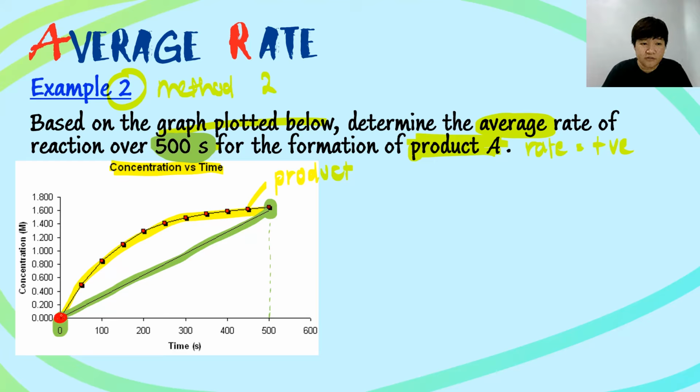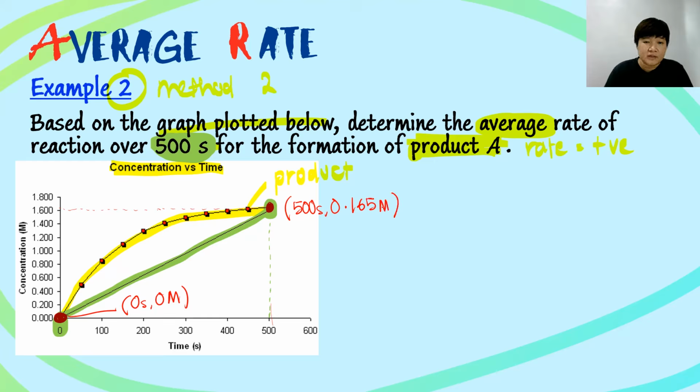The point at 0: the time is 0 seconds, where the concentration is 0 molar. Then you have another point at 500, so the time is 500 seconds. For the concentration, you extrapolate from your graph, and the concentration here is 0.165 molar, let's say.